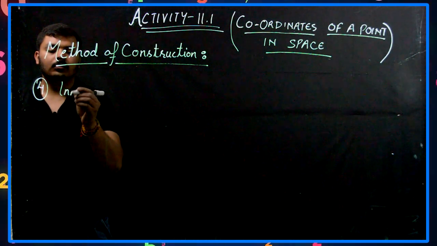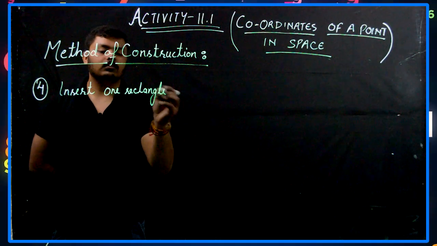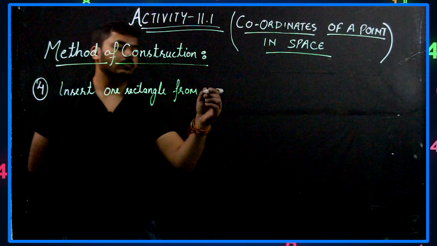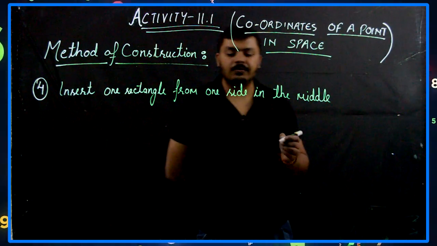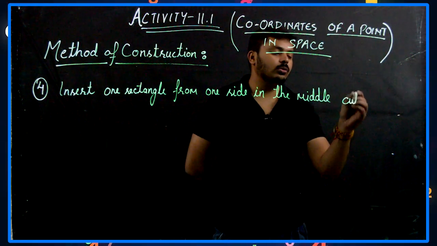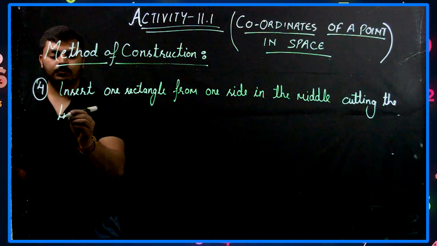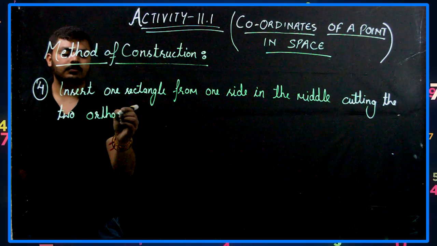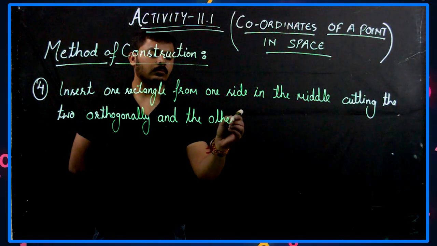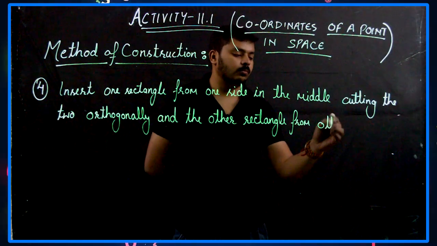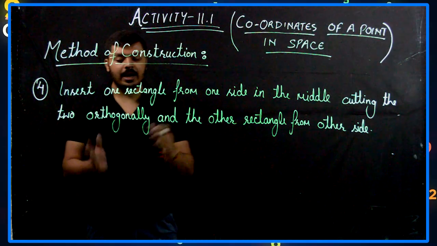Step 4. Insert one rectangle from one side in the middle, cutting the two orthogonally, and the other rectangle from the other side.